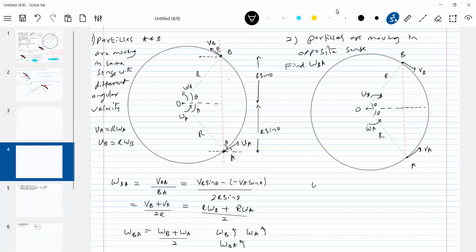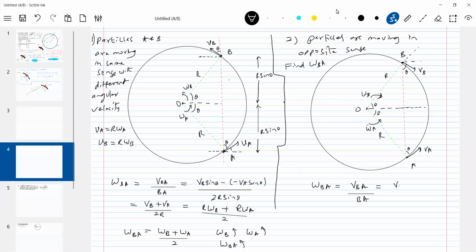So here omega BA is equal to which velocities now you are going to use. So this is theta, this is theta, and this is theta. Now this will be VBA by distance BA.